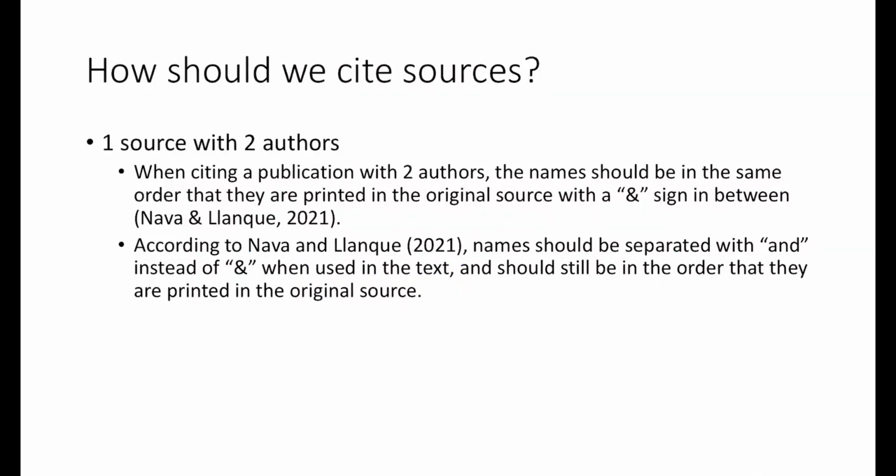So let's say that you have a source with more than one author. And this is kind of what I was getting at in that last example there. So if you have two authors, then you're going to put both their names right next to each other. And a really key point here, you want to put the names in the order that they appear when they're written.